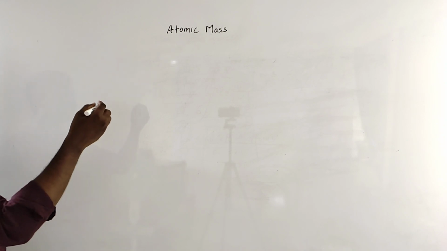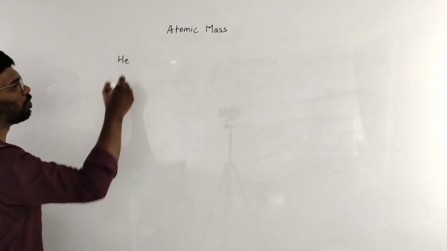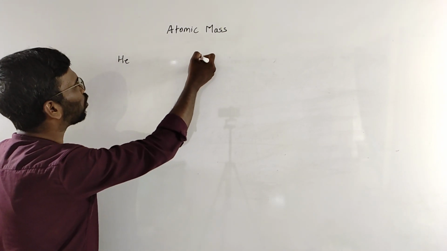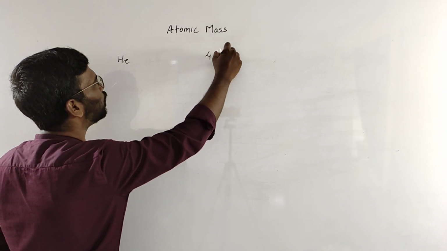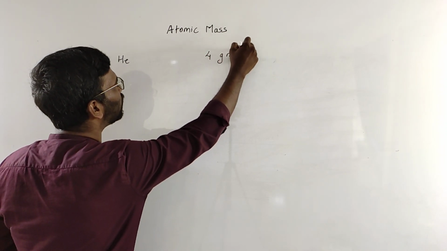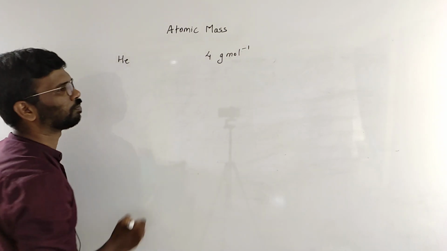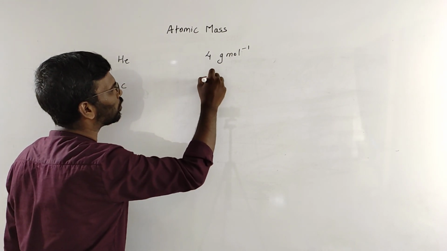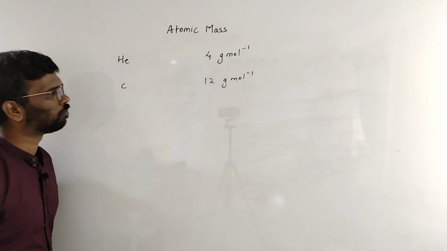If I say the atomic mass of the element helium, let's write some elements, the atomic mass for helium is 4 grams per mole. See the unit, it is grams per mole. Then carbon is 12 grams per mole.